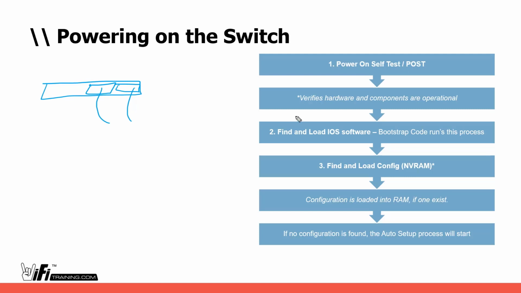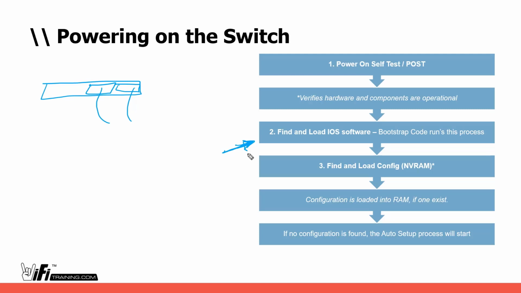And then the second step is it's going to find and load the Cisco IOS software. So after it completes POST, the power on self-test, it's going to try to look for the Cisco IOS software. Now, there's low-level code on every device that does that POST test.